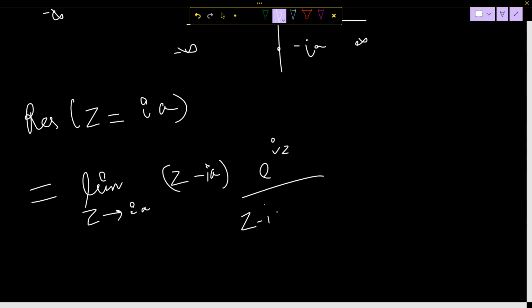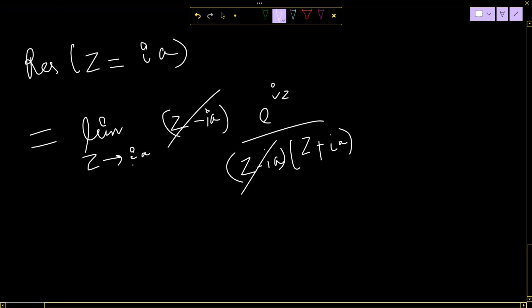So z minus ia will be cancelled out. So what is left? z plus ia. So I'll just put ia there in place of z, isn't it?